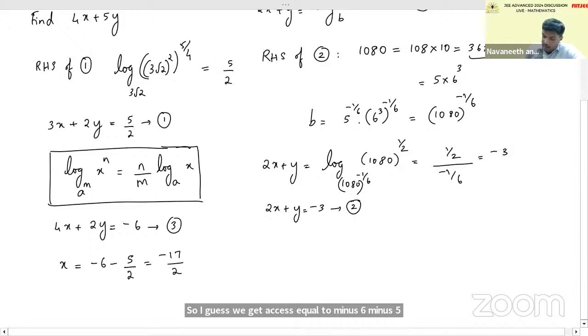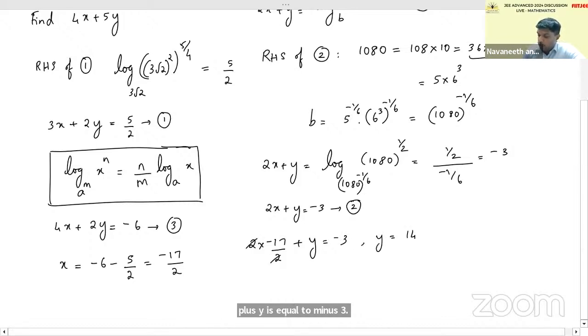Now let's find out y. We can use the second equation to find y. It becomes 2 into minus 17 by 2 plus y is equal to minus 3. So we get y is equal to 14. And what are we asked to find? We are asked to find 4x plus 5y.